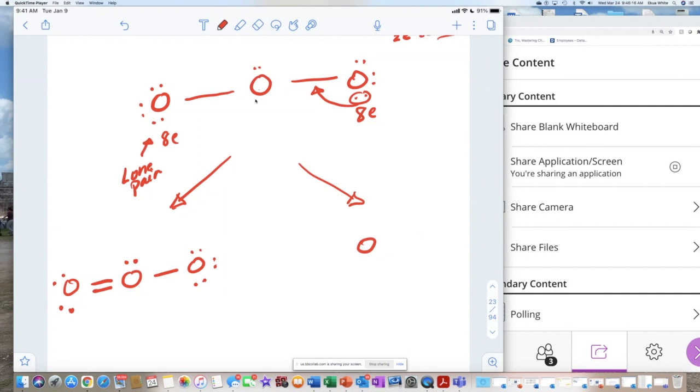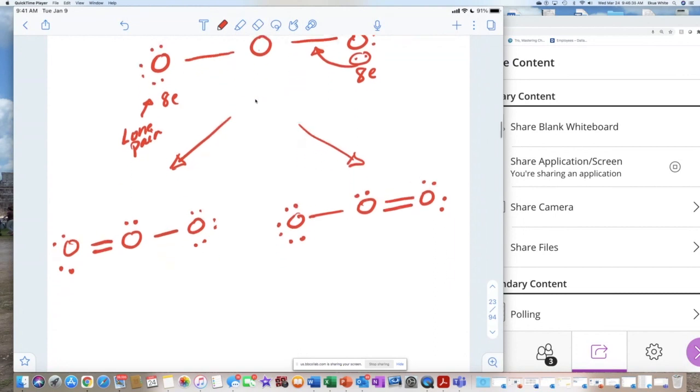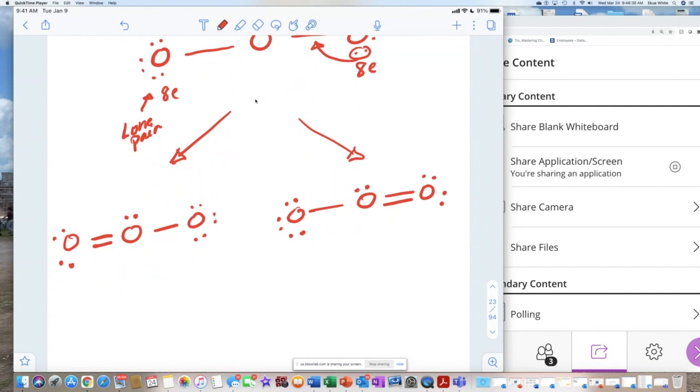So this time the double bond is formed between the right and the middle. So single bonds are still there. Lone pair is still here. This time nothing changes on the left oxygen. The one on the right is the one that's being forced to share its lone pair electrons with the oxygen in the middle. Okay?